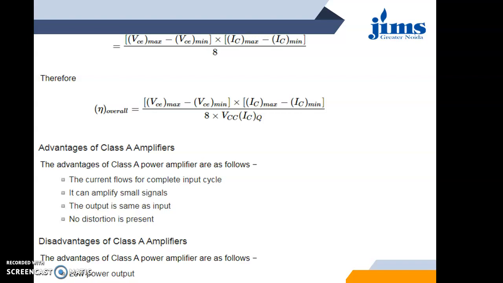As I told you, there is no nonlinear or amplitude distortion. Second, it can amplify small signals also. The output is the same as the input and no distortion is present. So overall we are talking about no distortion. This is the best and most important advantage of the Class A power amplifier. But the drawbacks are that it has low output power and low collector efficiency. How low it is we will get to know in the further explanation.